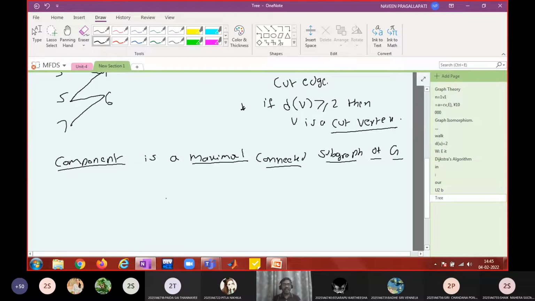If it is a connected graph, then that itself is a component. If it is a disconnected graph, it will be composed of components where each component is a maximal connected subgraph.